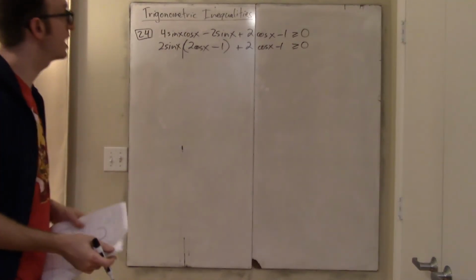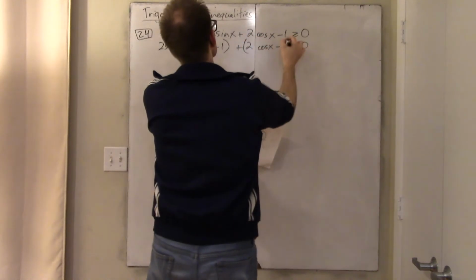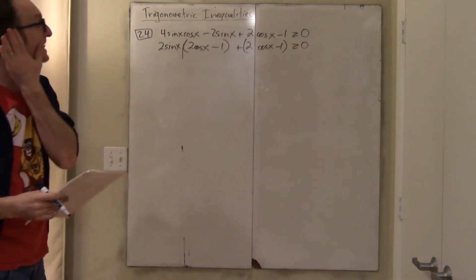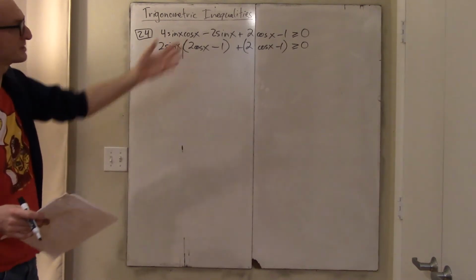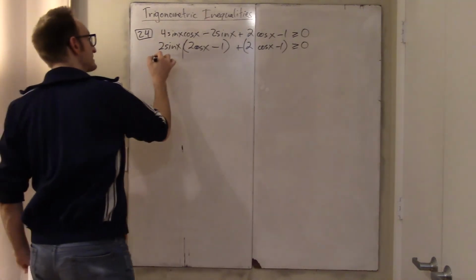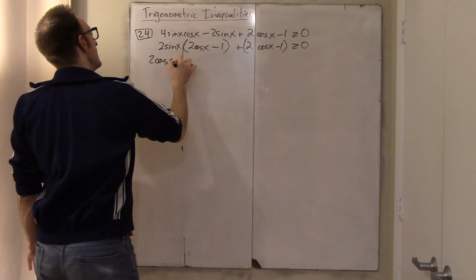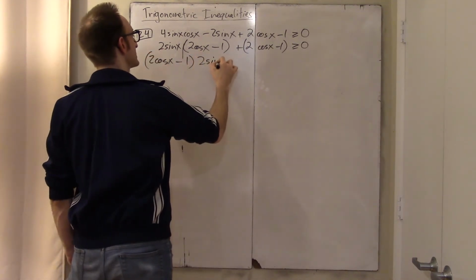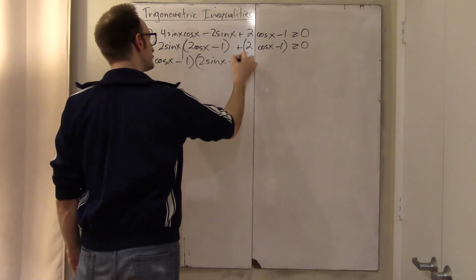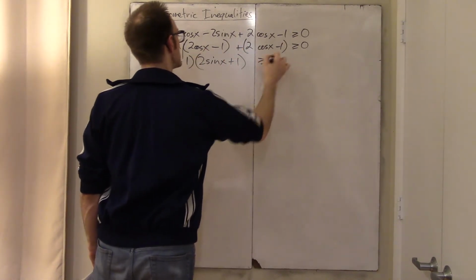That means I can now factor. I have basically 2 terms. I can factor 2 cosine x minus 1 out of both of them, and this will be 2 sine x plus 1. Okay, so great.